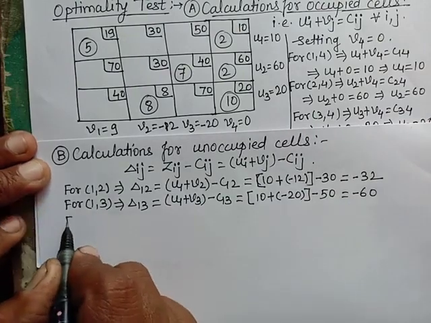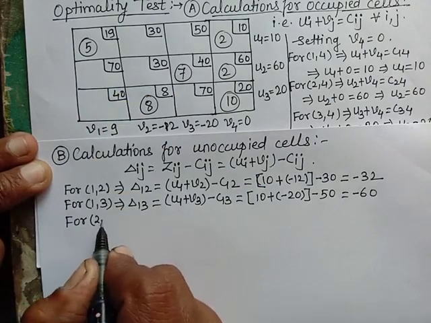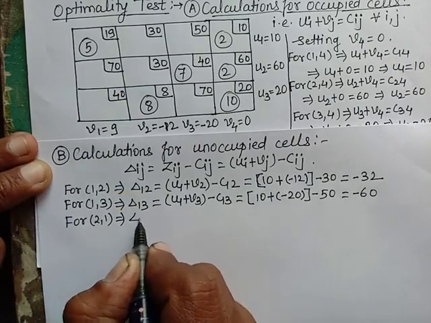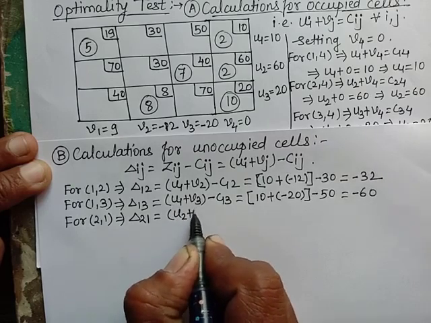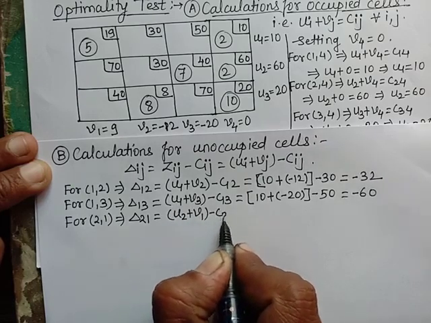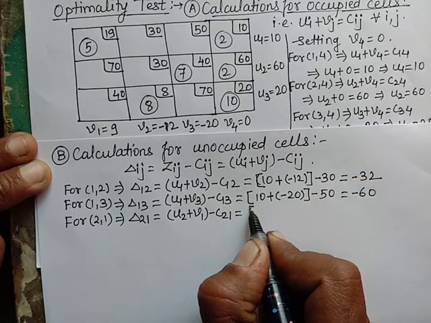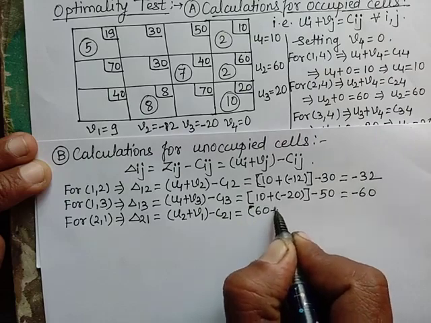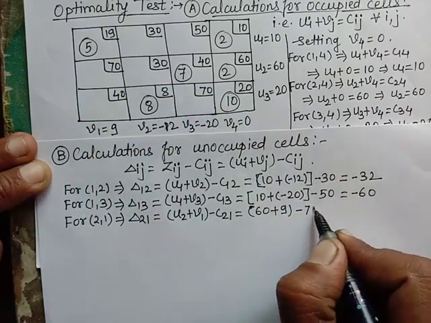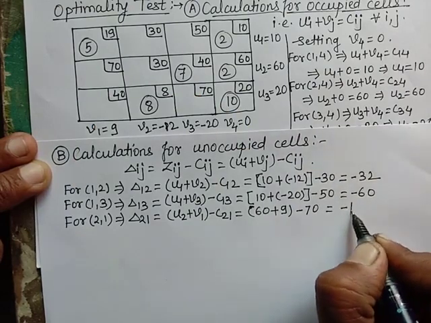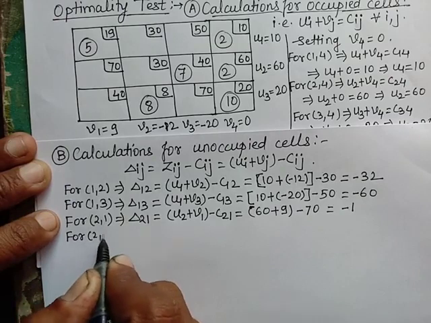Now for this 2 1, we get delta 2 1, that is U2 plus V1 minus C21. So U2 is 60 plus 9 minus 70. So it is minus 1.